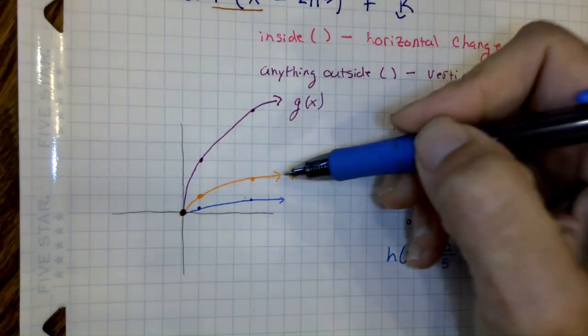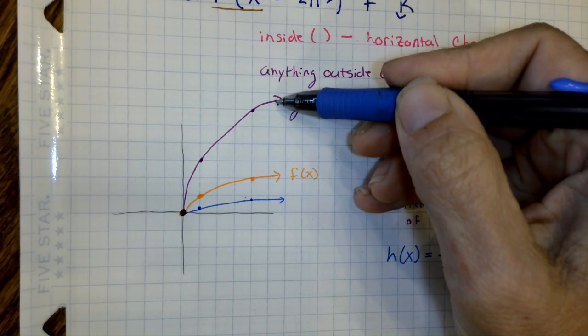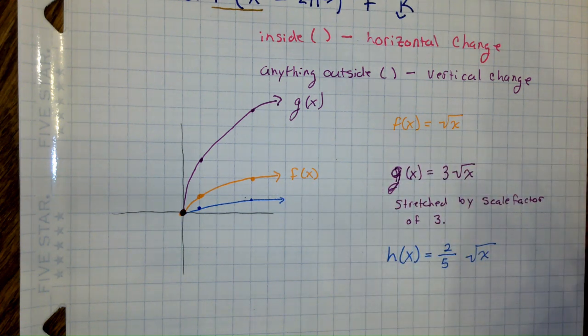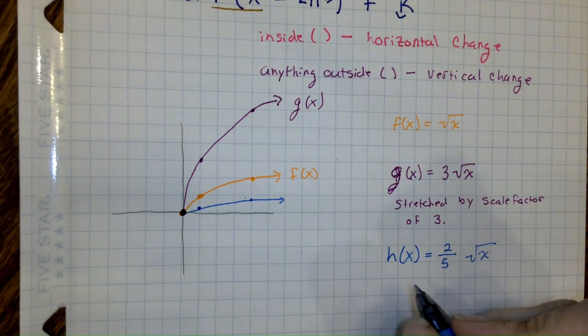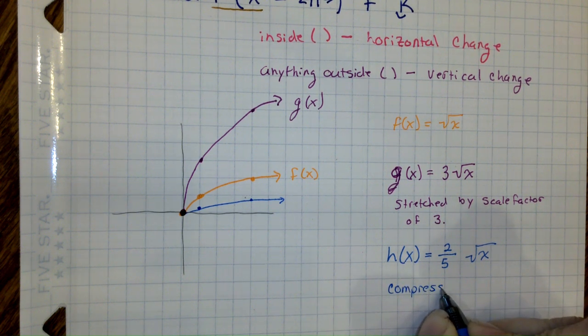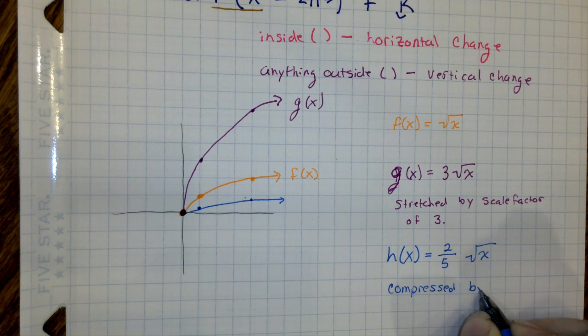Okay, whereas this stretched it up, this smashed it down, kind of like you smash a pop can. You press it down. So this is compressed by, I'm going to abbreviate scale factor, of 2/5.